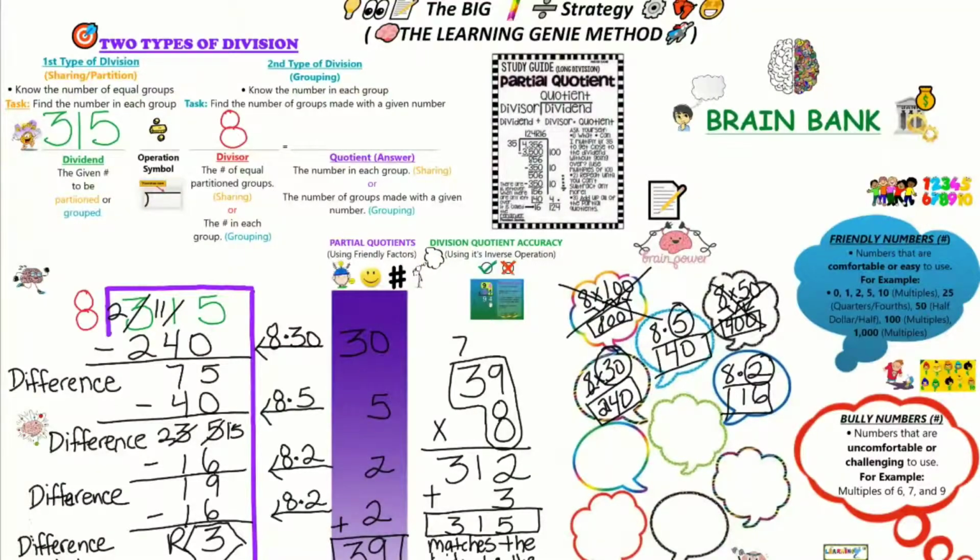Our answer to 315 divided by 8 is 39 remainder 3. And that, my friends, is how you use the Big 7 division strategy in 3D, the way the learning GDs do it.